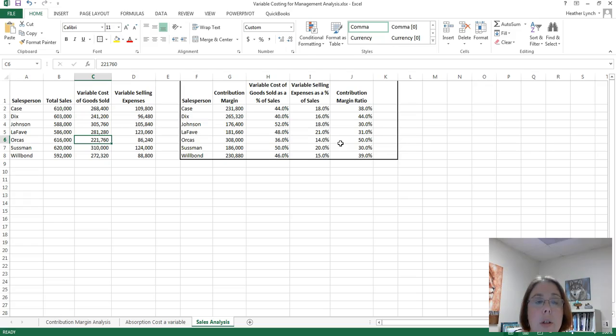And the cost of goods sold, maybe he's not increasing his cost of goods sold, increasing his profit on there. So this just kind of gives management analysis to see how they're doing, and it's a good snapshot. So if you have any questions, feel free to let me know, but that finishes variable costing for management analysis.